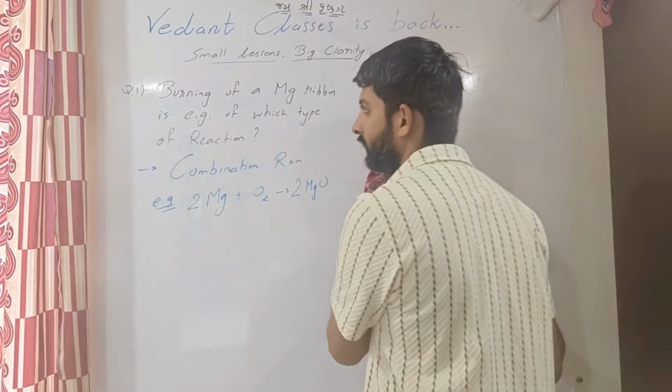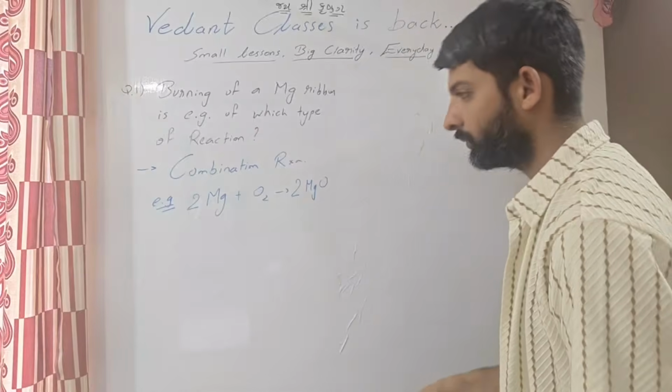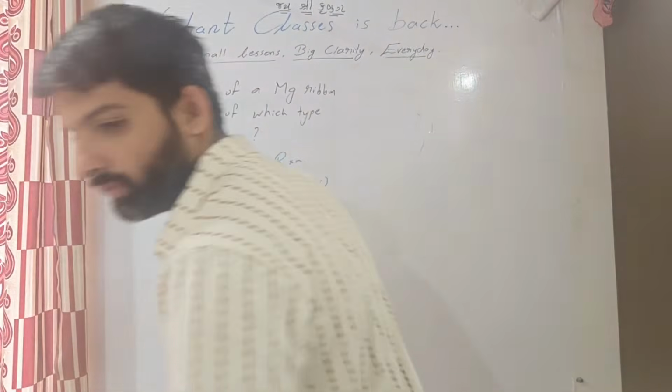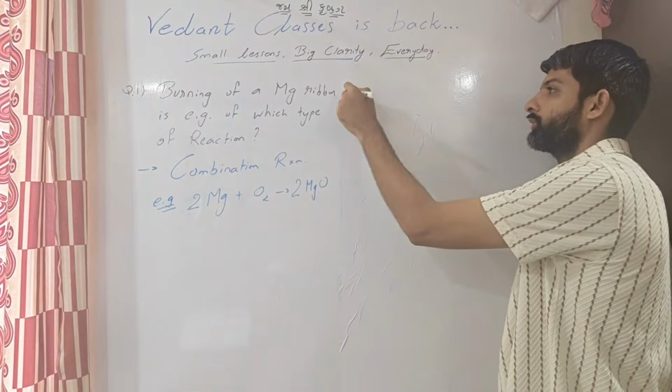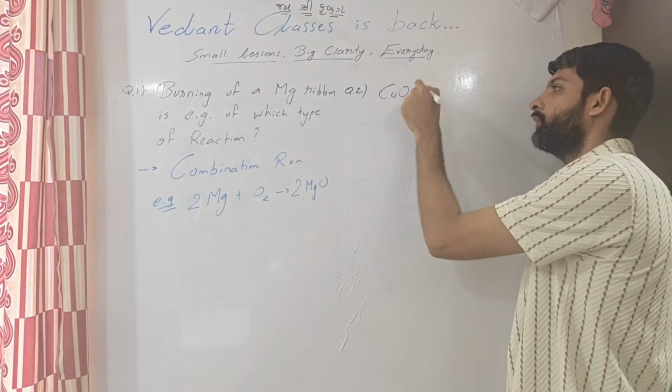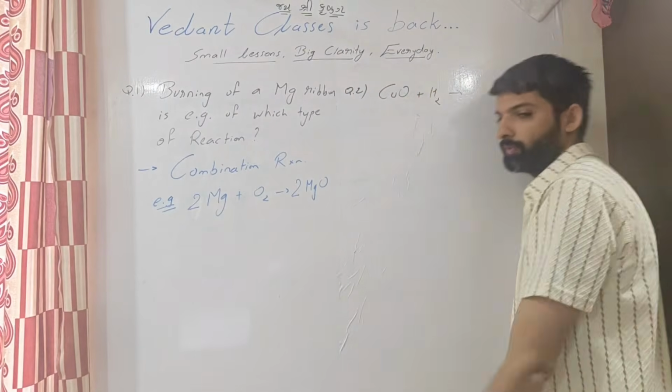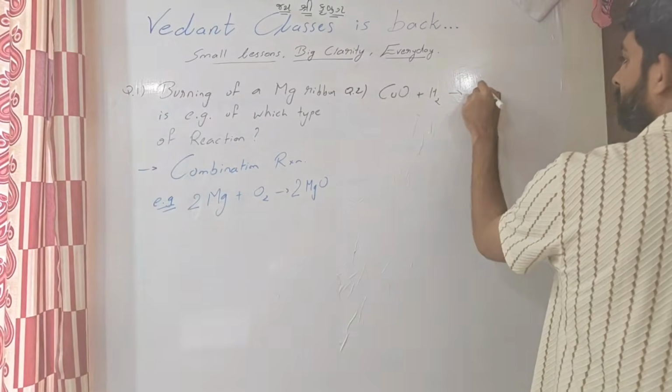Now let's switch to the next question. I'm going to write it over here only. CuO plus H2 gives Cu plus H2O.